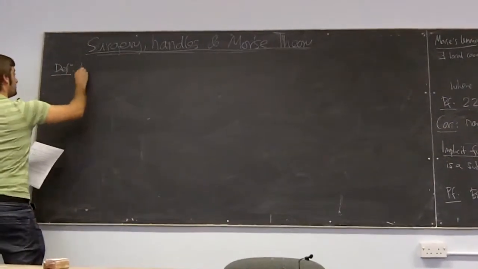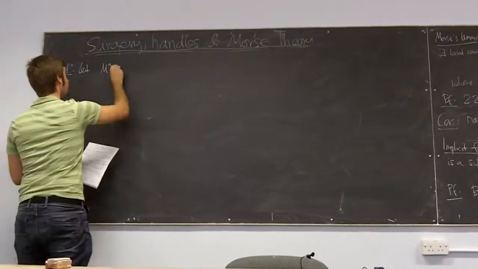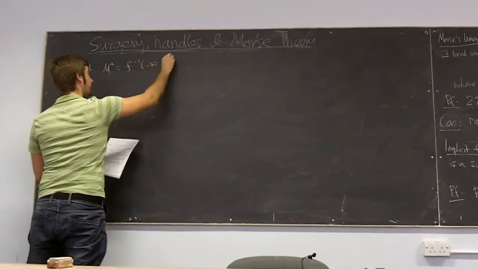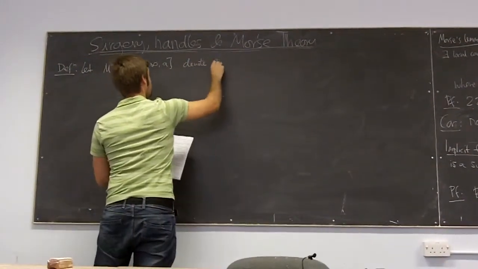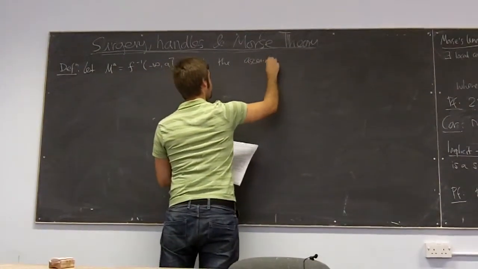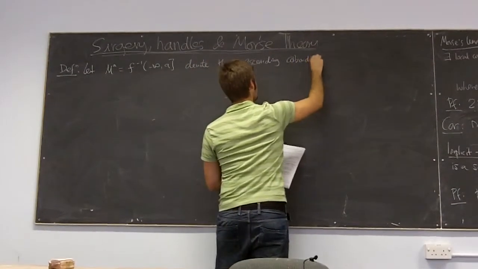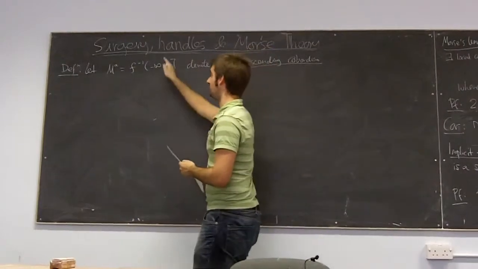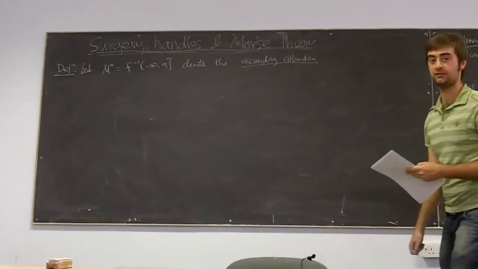So I'm going to call it M superscript A be this inverse image from minus infinity to A, and this is called the ascending cobordism. Okay, you can also have a descending cobordism from infinity down to some value, but we only need to consider one of these.